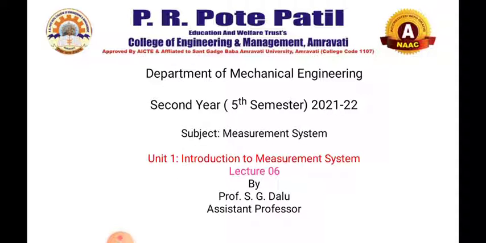Then different illustrations of the generalized measurement system with the help of Bourdon tube pressure gauge and pressure actuated thermometers, and we studied the different types of measuring instruments such as analog, digital, self-operated and power generated, and remote indicating instruments.